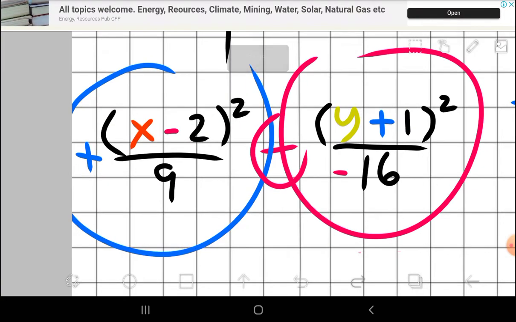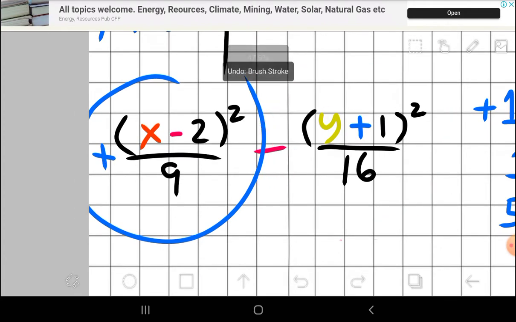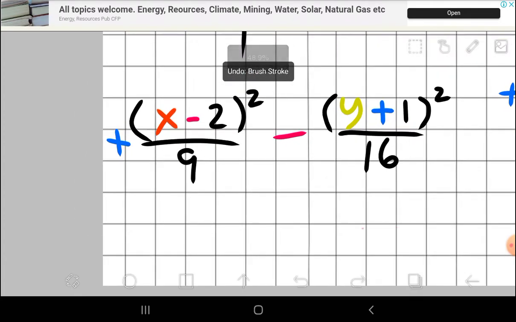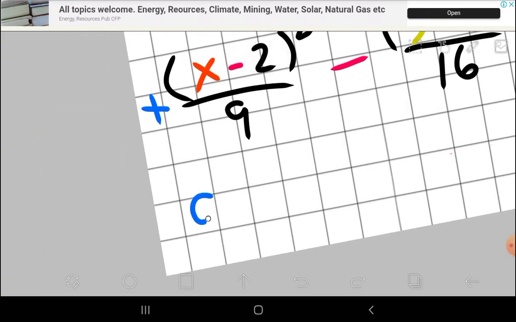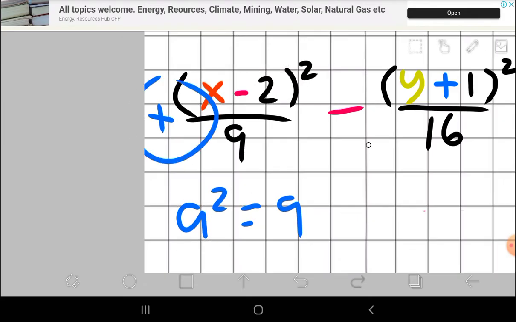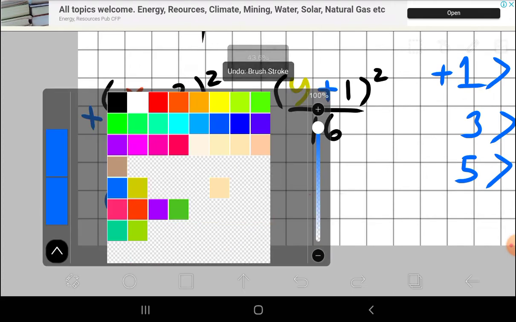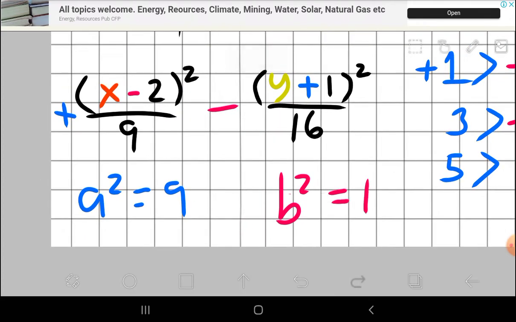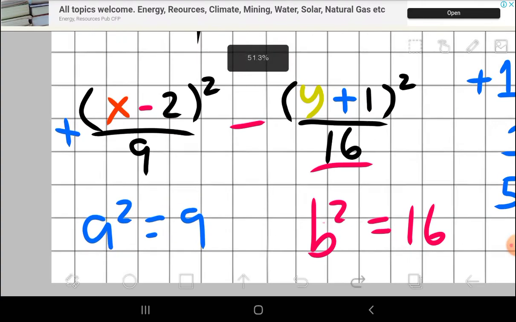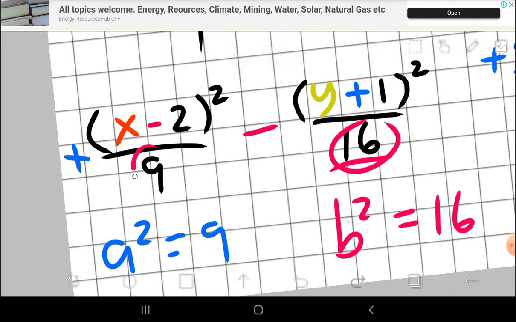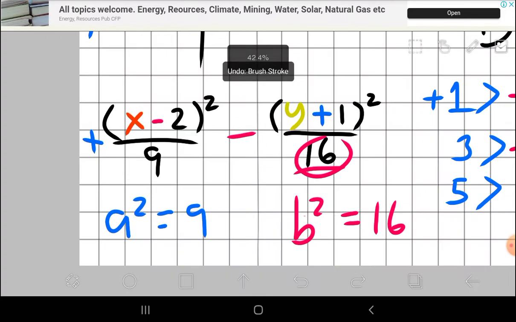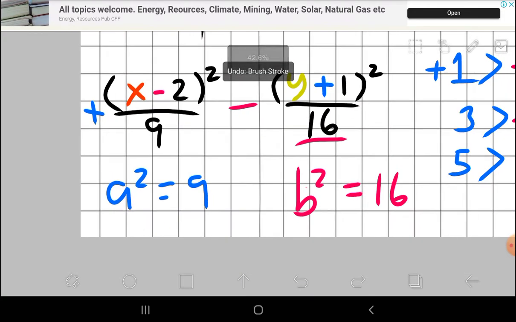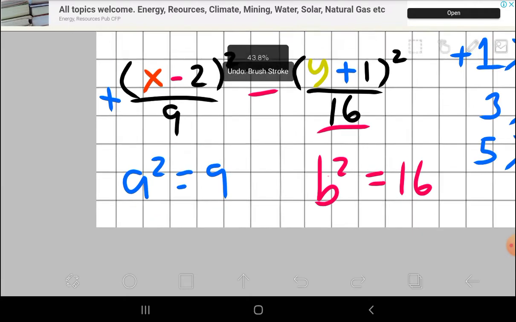So 16 is automatically negative or lower than 0. So that's common sense. So we will make a squared 9 because it has a positive sign on the front, and then b squared 16. Even though 16 is higher than 9, it's still negative, and negative is lower than 0. So 9 will take the a squared.